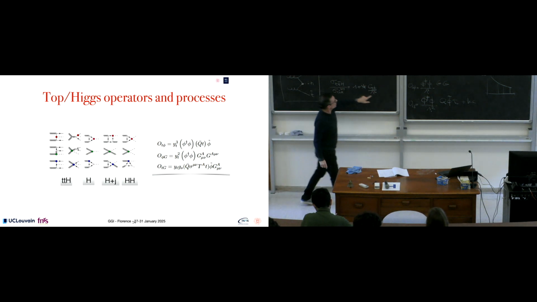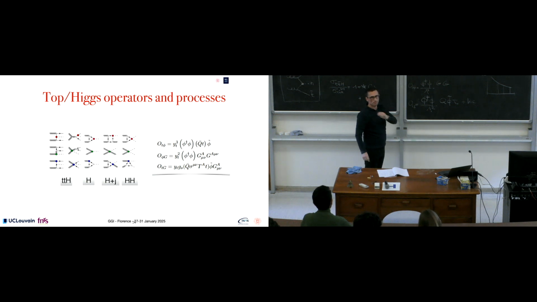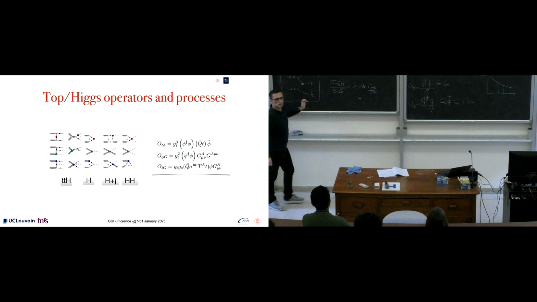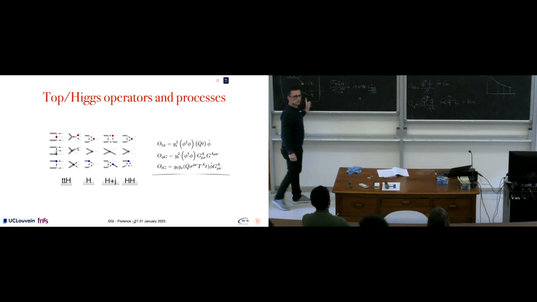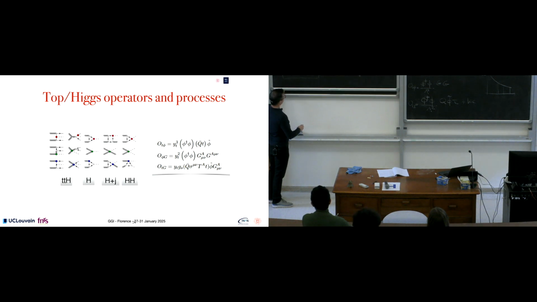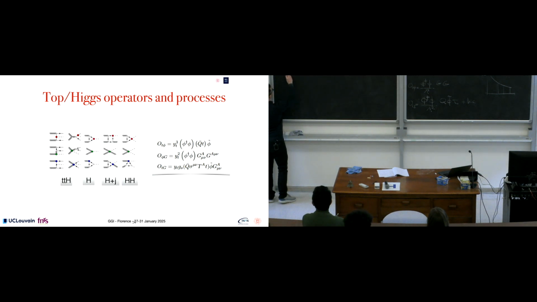Does this operator contribute here? Let's see if you are following. Does this operator contribute to this process at tree level? Yeah, it does, because now you can write a diagram like this. So it does contribute.